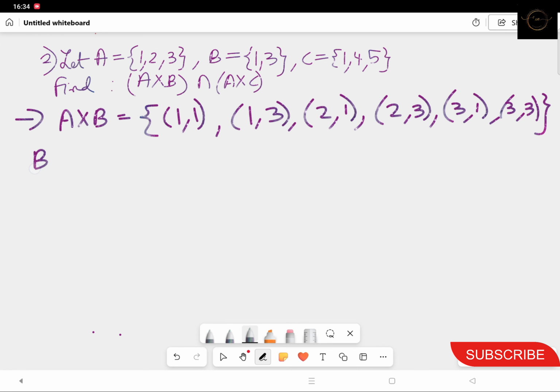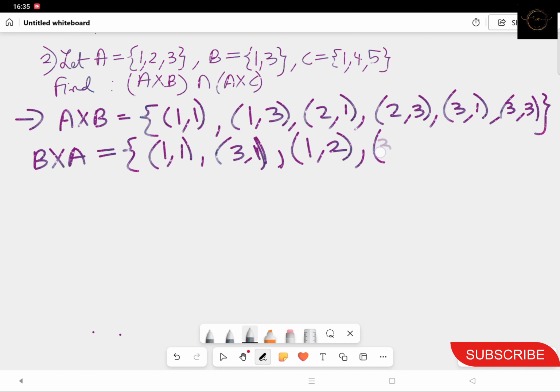Now we have to find out B into A. Only the orders will change. (1, 1) will remain the same. Next (1, 3) will become (3, 1). (2, 1) will become (1, 2). Next (3, 2), next (1, 3) and next (3, 3).